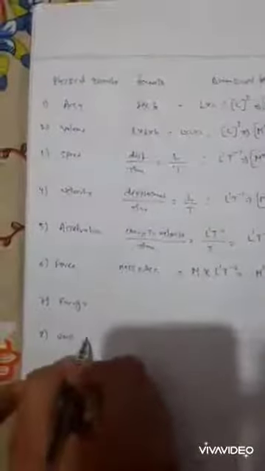Our next physical quantity is energy. So for energy, before discussing energy, let me come to work. So work is basically force into displacement. So the dimension of force is M1 L1 T minus 2, and we will multiply it by displacement.